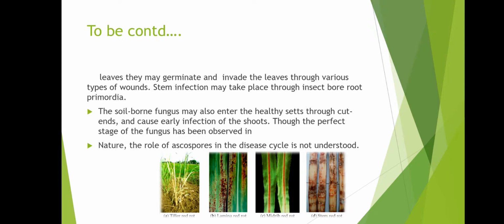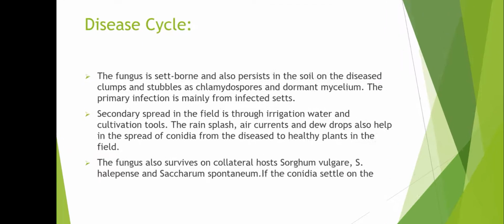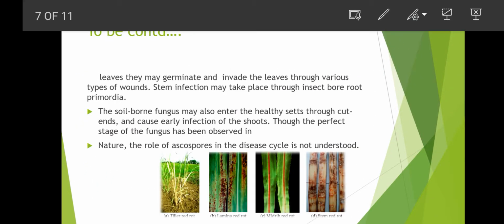Okay, so here you can see that the canes are having the red spots, with the midrib red rot in this third picture and the laminar red rot in the second picture. Let me go back to the previous slide.